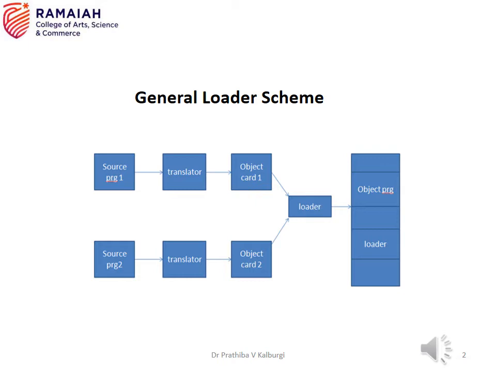So we have two object programs generated from two source programs, and combined together these two are linked and loaded onto the loader. The loader is going to accept the object programs and then place the object programs for execution.